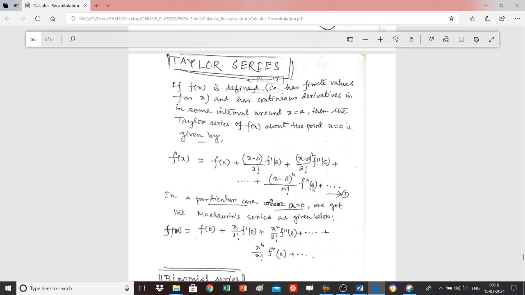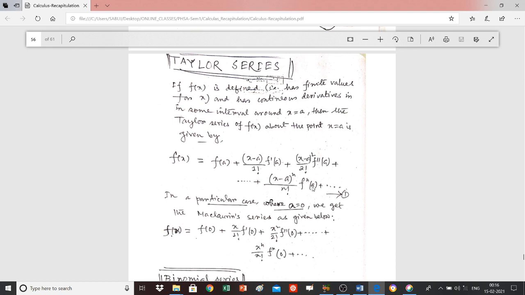So to expand a function into series, we first have to have the information about the value of f(x). So f(x) is defined that it has finite values for all values of x, and it has continuous derivatives.